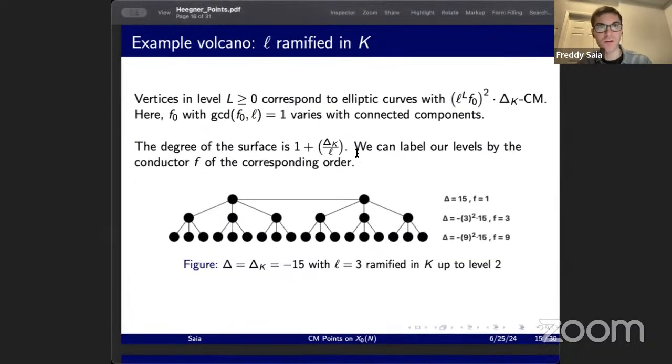For example, this edge here corresponds to a 3-isogeny, as does every other edge in this graph. If you start at this vertex corresponding to a CM point by an order in this field with conductor 3, you can follow this edge up and get a 9-isogeny between these two vertices. You can take another edge to get a 27-isogeny.